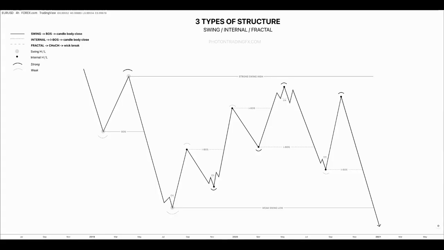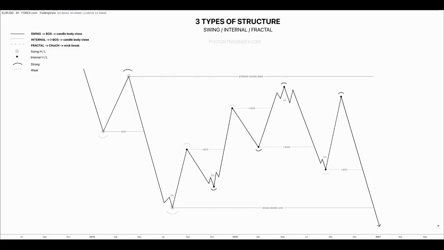So now we are going to revisit the 3 types of structure, which hopefully you already saw in the introduction towards the start of the module, where we spoke about the 3 types of structure that we're going to use: swing structure, internal structure, and fractal structure. The last few lessons, we've broken those down into their individual parts.